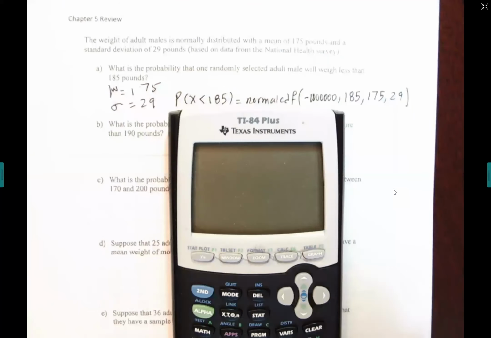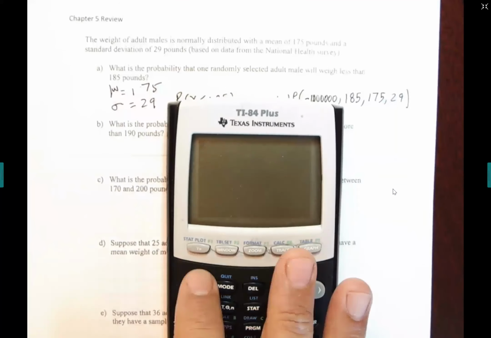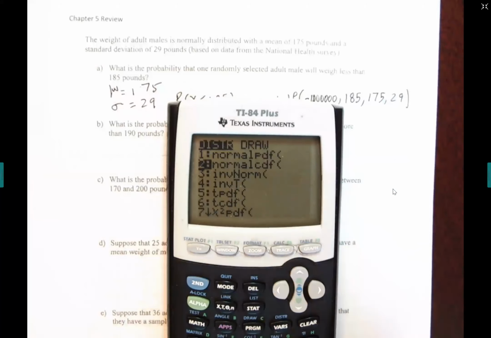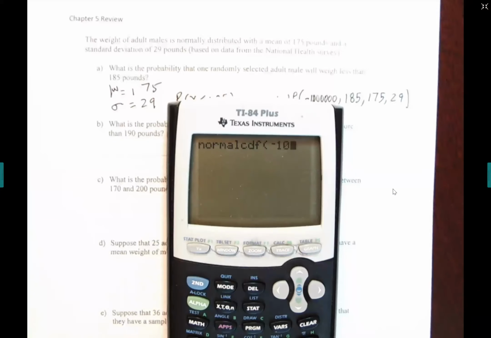Turn it on, go to second, distribute, normal CDF, it's the second function. Put a negative a million, put as many zeros as you want here, then 185, comma, then 175, comma, 29.